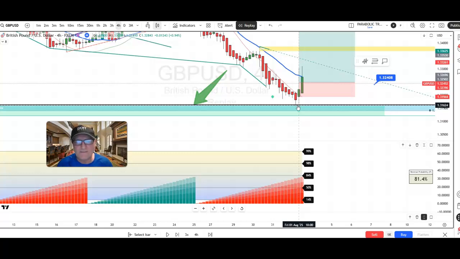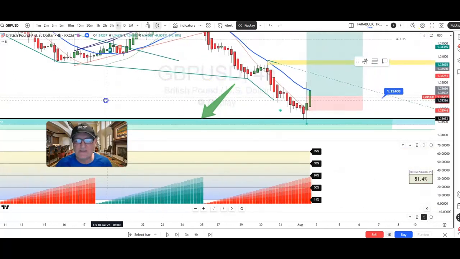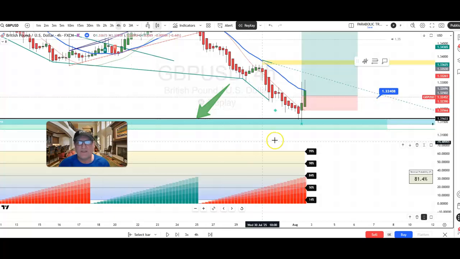Okay, I won't be waiting for anything else, because there's enough information, including this tool here, 81.4% chance of reversal, and what was it, 77% chance of reversal on that position here. Very, very strong demand. So the institutions are actually setting up orders here already, and nobody else knows it except you and me.